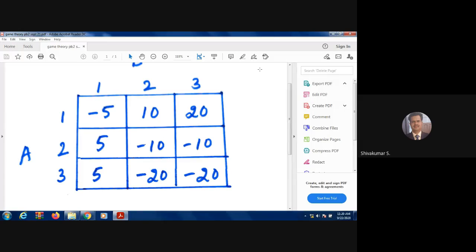If you don't get the same value, you might have made a mistake. 15 plus 15 is 30, and 20 plus 10 is 30. So 15 by 30, 15 by 30 becomes 1 by 2, 1 by 2 for A. For B, 2 by 3, 1 by 3.